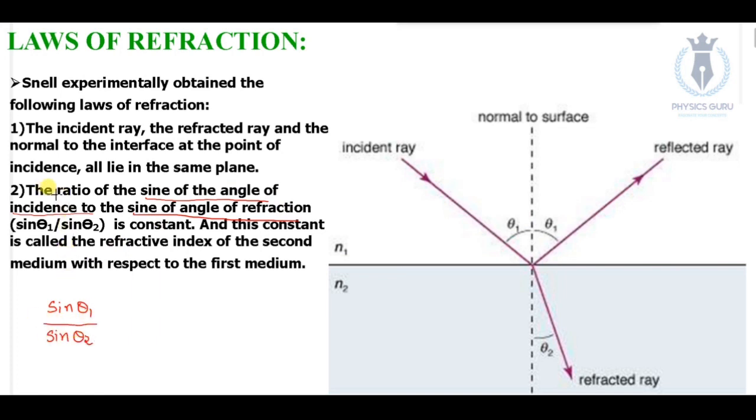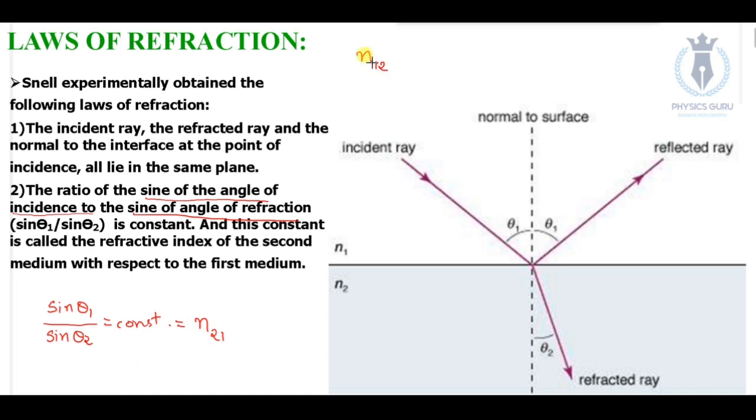The ratio of the sine of angle of incidence to the sine of angle of refraction is constant, and this constant is called the refractive index of the second medium with respect to the first medium.